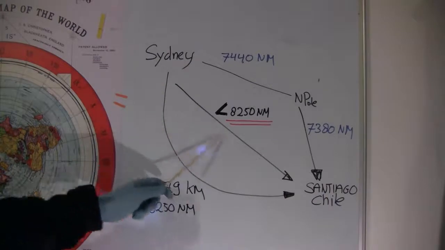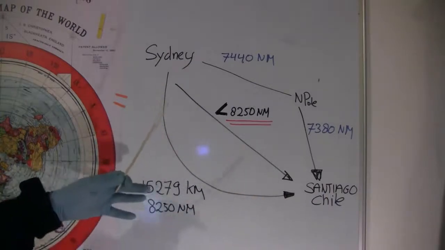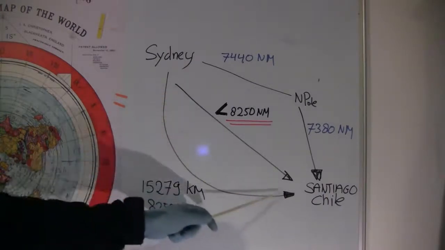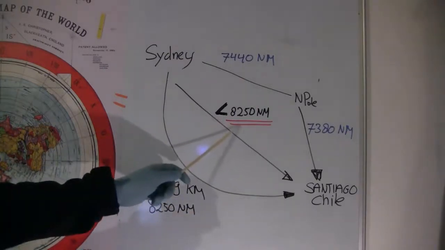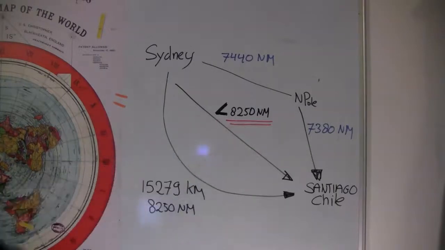And if you fly in a straight line, on a flat plane, the distance will be shorter than 8,250 nautical miles. These measurements are based on the Gleason's map.